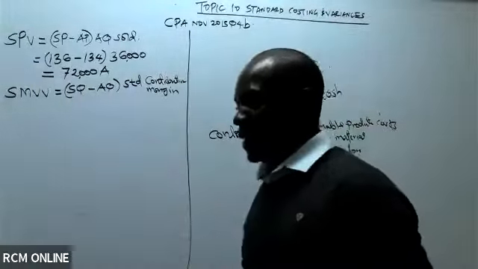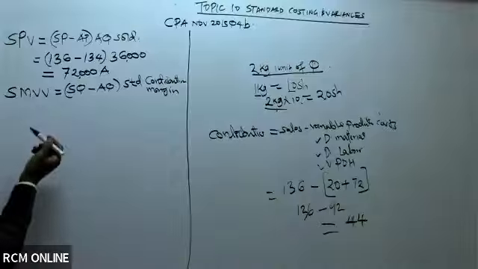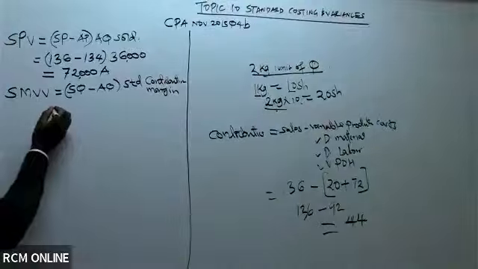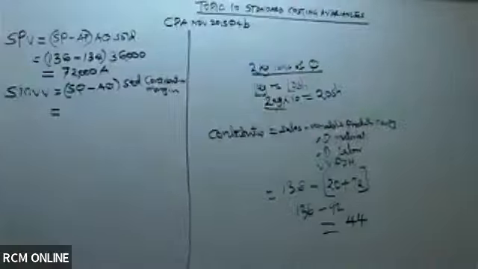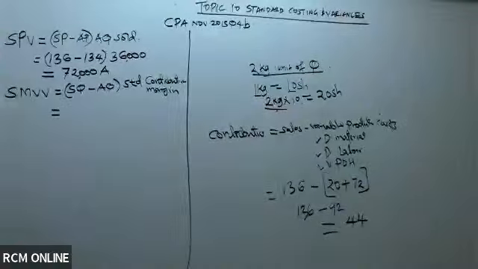Let's come to this other part. Do we have standard quantity? Standard quantity, what they were anticipating to sell. How many units did they intend for?